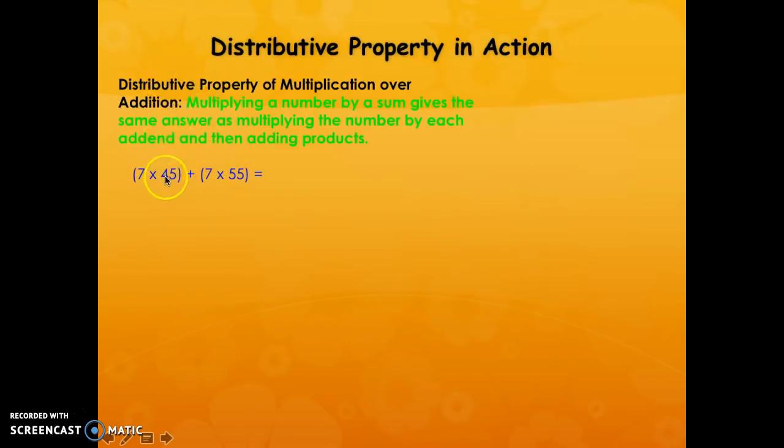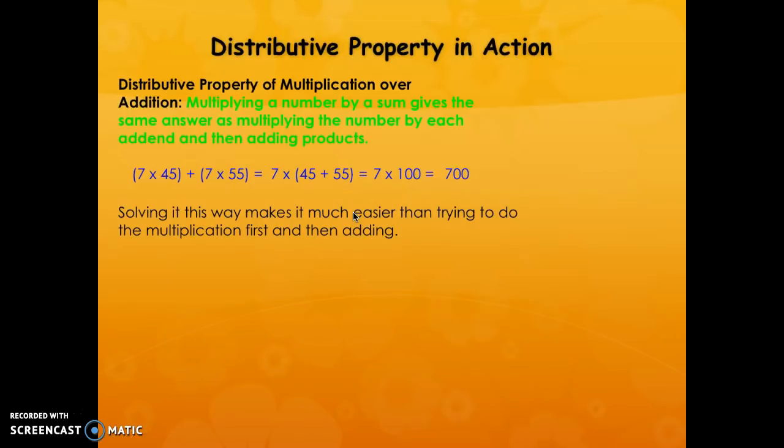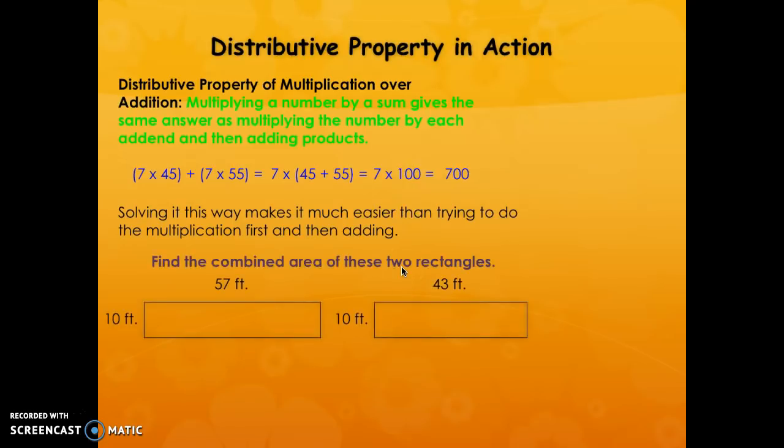So instead of 7 times 45, figuring that out, 7 times 55, figuring that out, and then adding the two, I could first add the 45 and 55 and multiply them both by 7. So that equals 100, and in my head I know that 7 times 100 is 700. So solving it this way makes it much easier than trying to do the multiplication first and then adding.